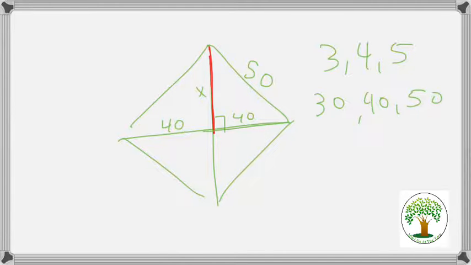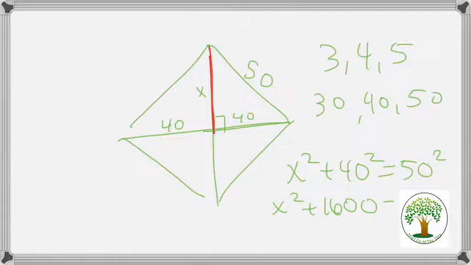If you want to do the Pythagorean theorem, you'd have x squared plus 40 squared equals 50 squared, and that would be x squared plus 1600 equals 2500. Subtracting that over, I'll slow down.